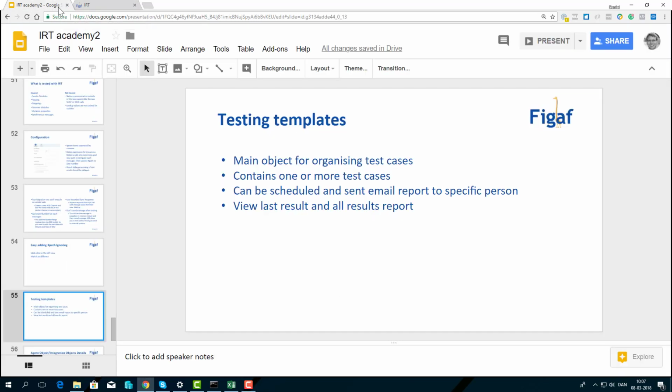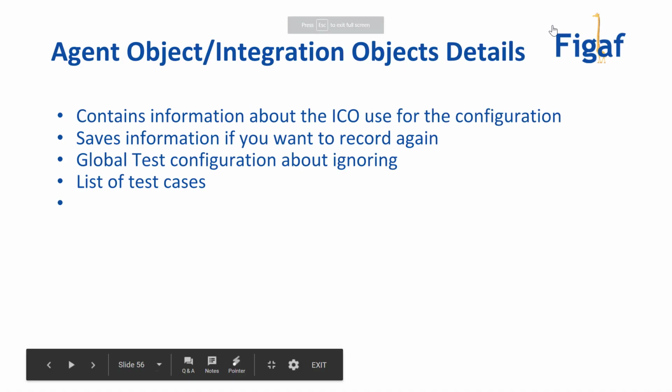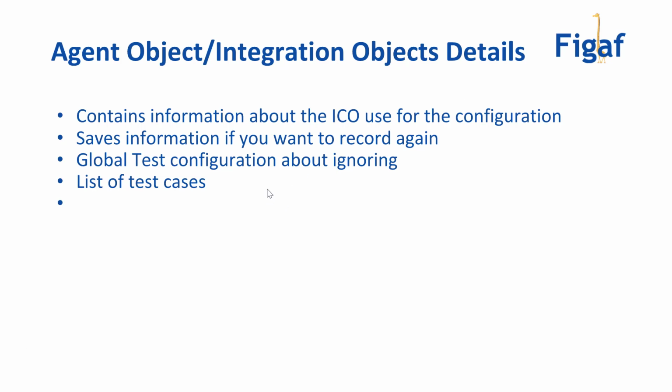Next on the template is agent objects. This is the one that contains object about a sender agreement, ICO, and what kind of configuration that we have done for making sure that this test case works.